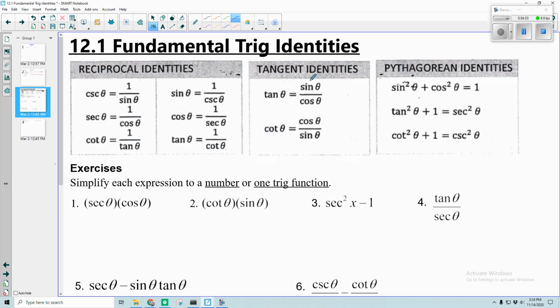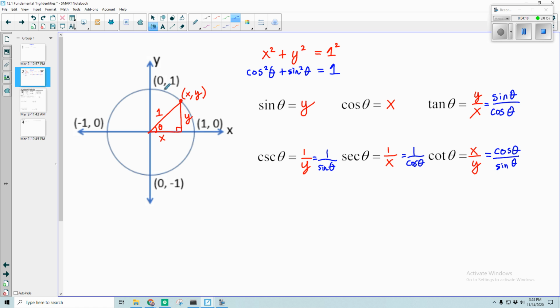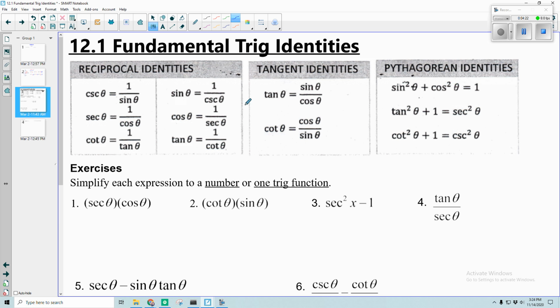That's one of the Pythagorean identities that we see, except sine and cosine are switched around, but it still means the same thing. Then we can get all of our other Pythagorean identities just by using the Pythagorean theorem on that triangle and substituting in our trig functions. So that's a little bit about where these come from.